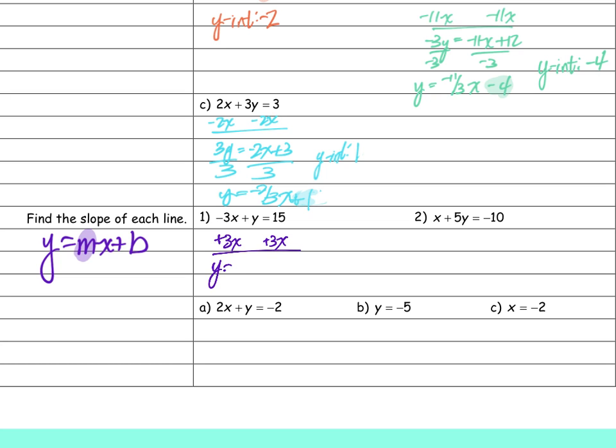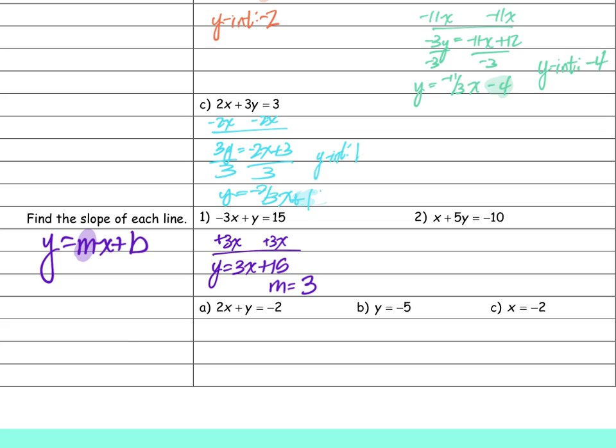So y equals 3x plus 15. Y is by itself. So my slope, which there's really no other letter but m for slope, or I could spell out the word slope, but that's just too much. So I'm just going to put m. And my slope is 3.